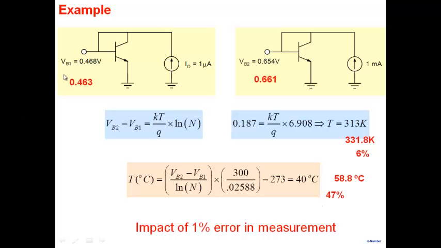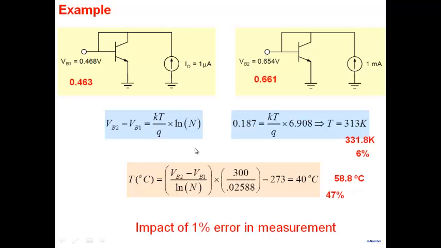So 1% error here, 1% error here translates into 6% error here in temperature measured in Kelvin, and temperature measured in degrees Celsius translates into 47% error here. So it may be 40 degrees in the lab, but then you may create a world record by saying it's 58.8 degrees Celsius. All right.